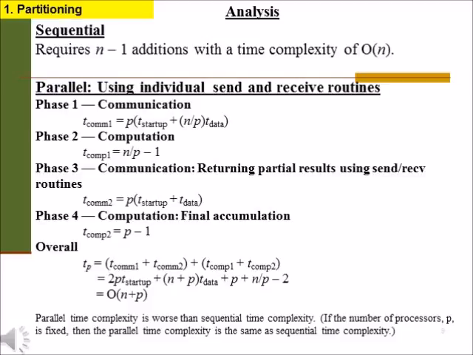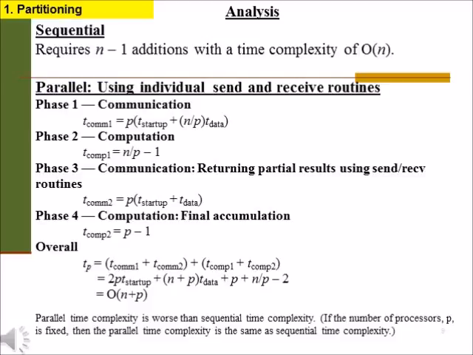In this part, T startup is the constant time portion of the transmission, and T data is the time to transmit one data word. Using scatter might reduce the number of startup times. However, in any event, the time complexity is still O of n.